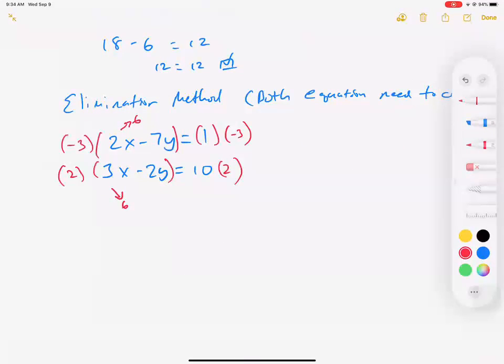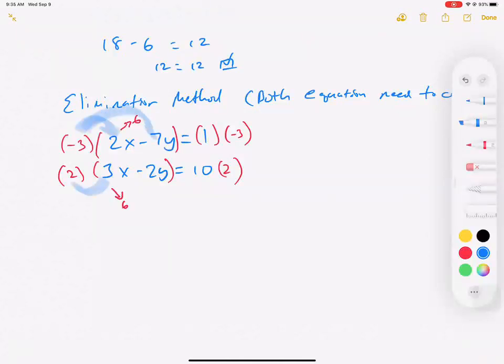Now, just to quickly reflect, if I multiply 3 times 2, that gives me a 6, but a negative 6, and 2 times 3 would also be a 6, and that will lead us to eliminating our x's. So let's go ahead. In this case, since I'm changing them both, I'm going to rewrite it. So here we go.